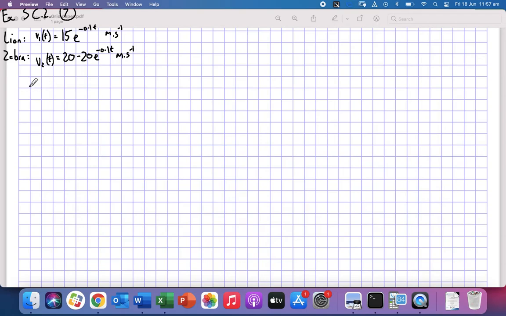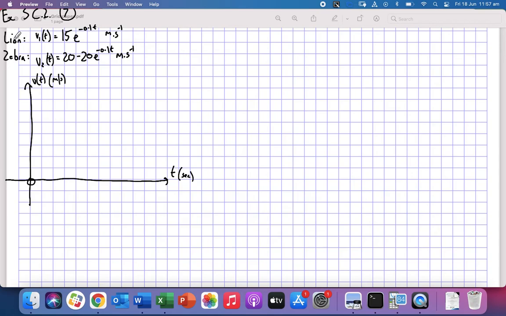We don't have to think about negative time. So we've got velocity, meters per second, if I'm labeling properly. I've got time in seconds.